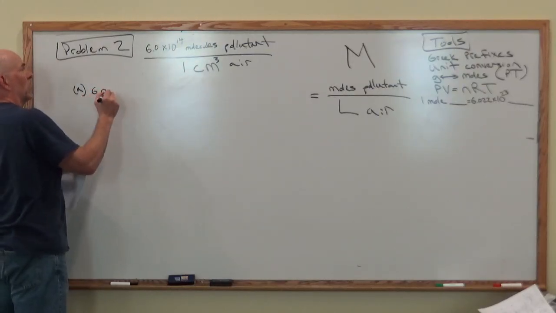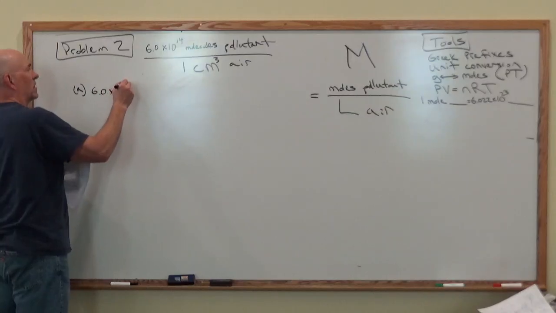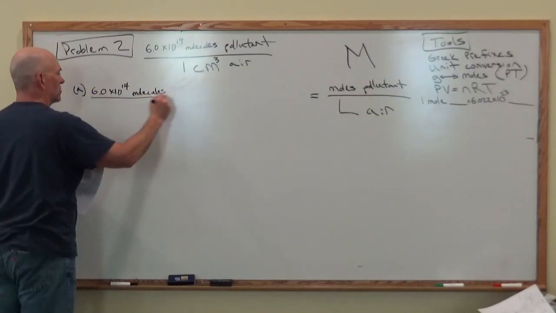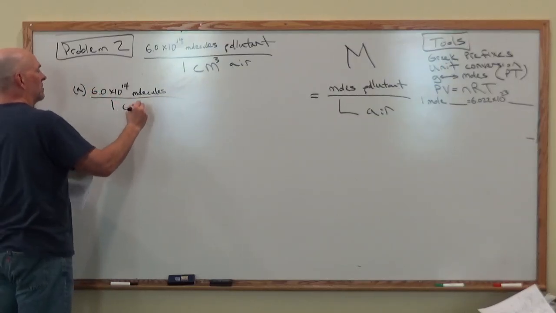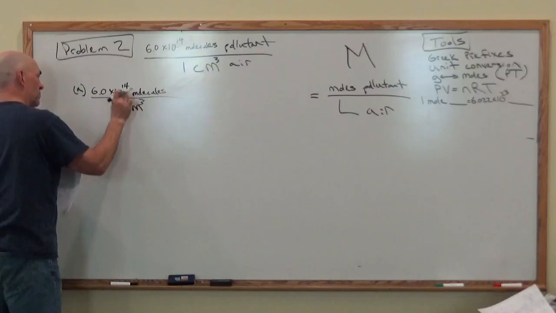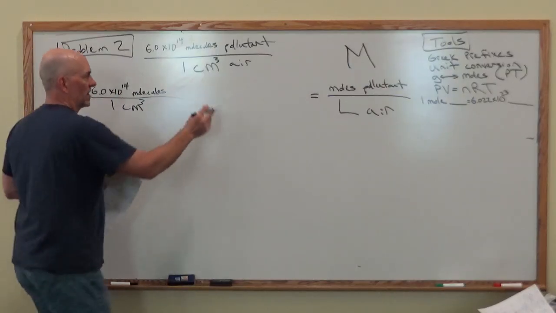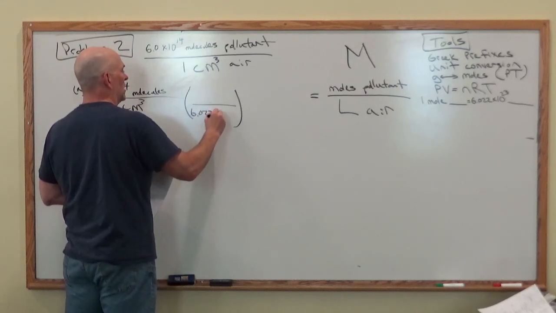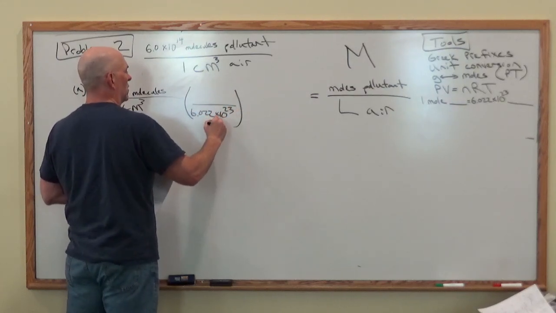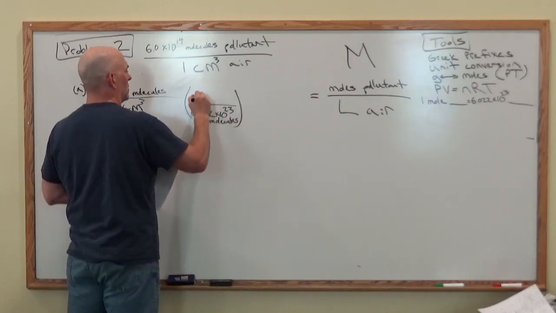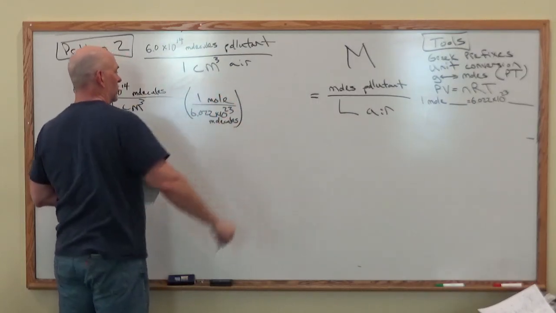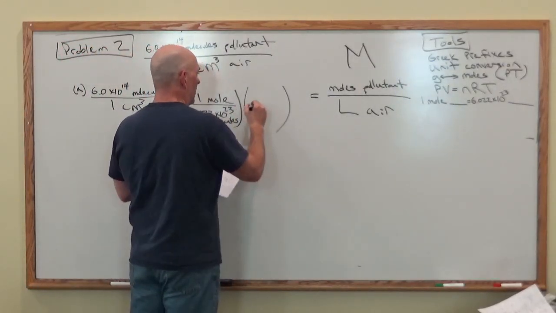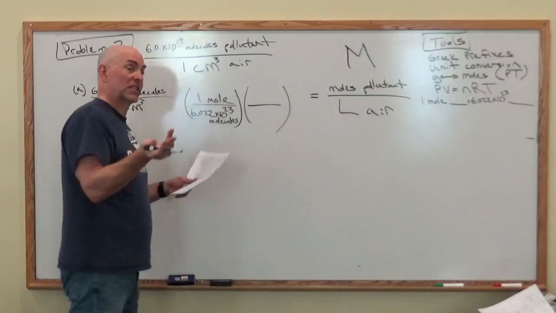So 6.0 times 10 to the 14th molecules. I'm not going to write pollutant over and over again. Over 1 cubic centimeter. Now it's understood. So let's get the numerator done. So 6.022 times 10 to the 23rd molecules is a mole. So check, the numerator's done. And you probably know that it's 1,000 milliliters in a liter.